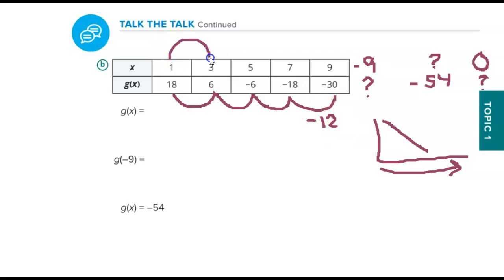So now look at our x's. We go from 1 to 3, that's +2. 3 plus 2 is 5, 5 plus 2 is 7, 7 plus 2 is 9. So up here, as our x's go up by 2, our y's go down by 12.